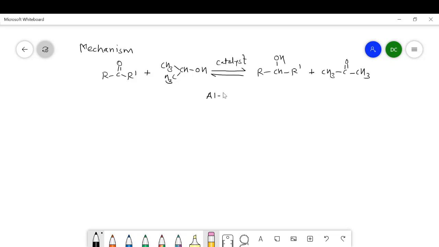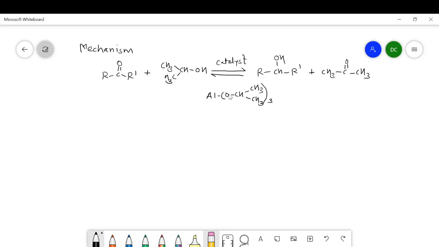Therefore, I will write the structure of aluminum isopropoxide first of all. Here, the valency of aluminum is 3, and this type of structure it is having CH3, and here there are 3 groups. So this is the aluminum, it is having 3 valency, and this is the isopropoxide group.